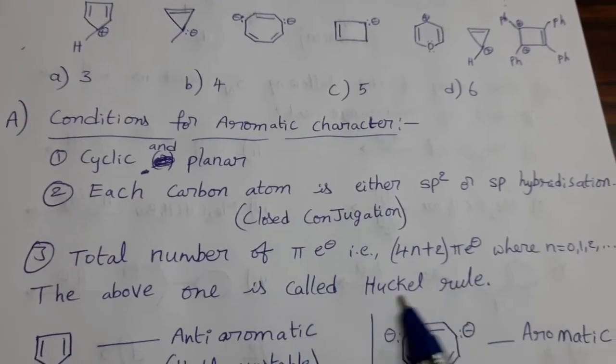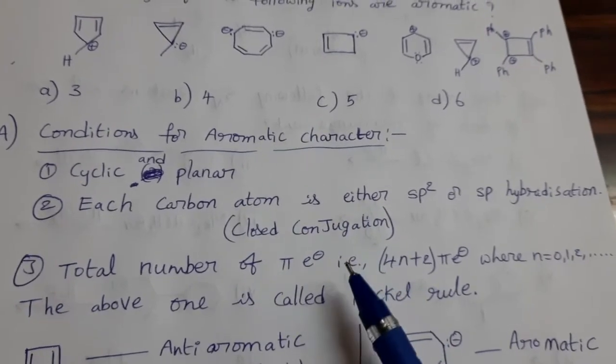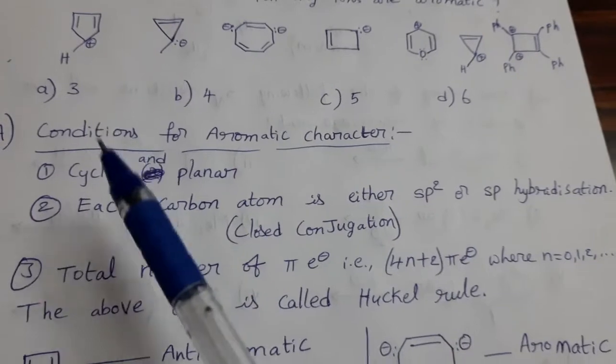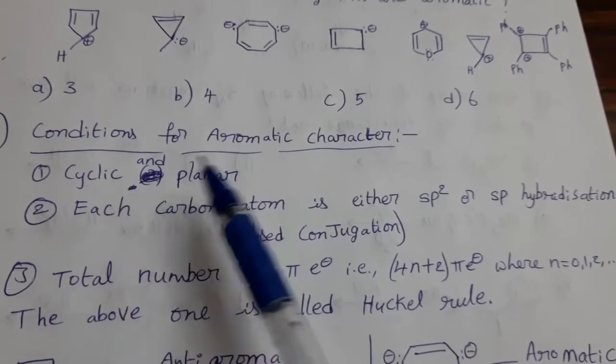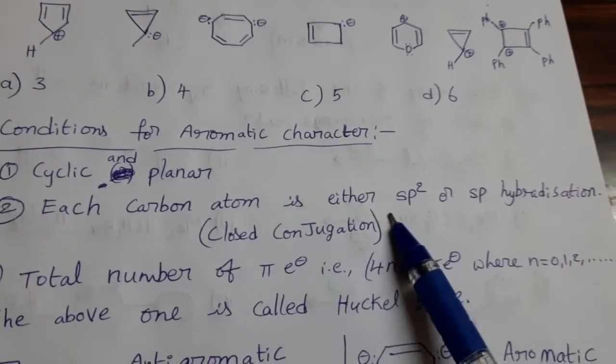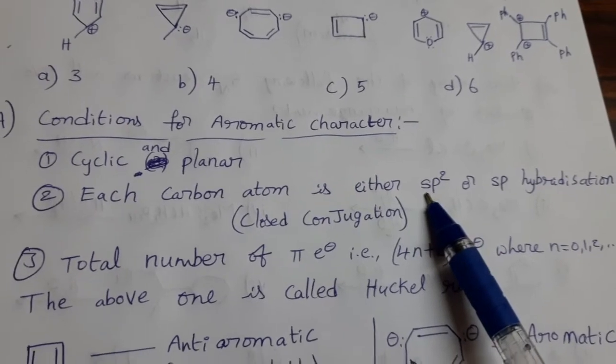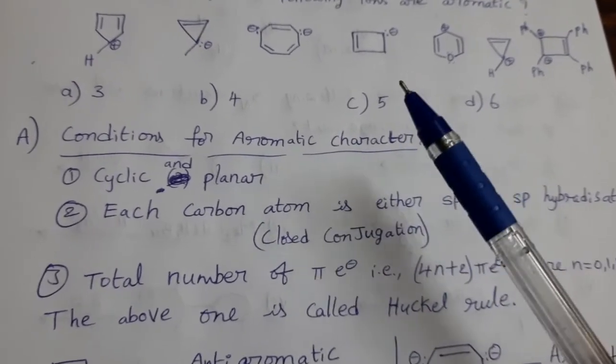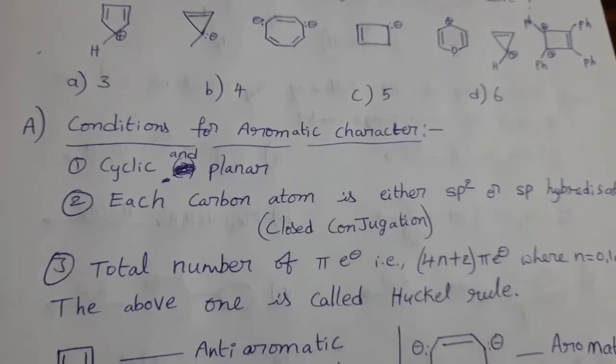This rule is called Huckel rule. If the given compound or ion has 4n plus 2 pi electrons, and cyclic and planar structure, and each carbon atom is sp2 or sp hybridized, then that species is aromatic in nature.